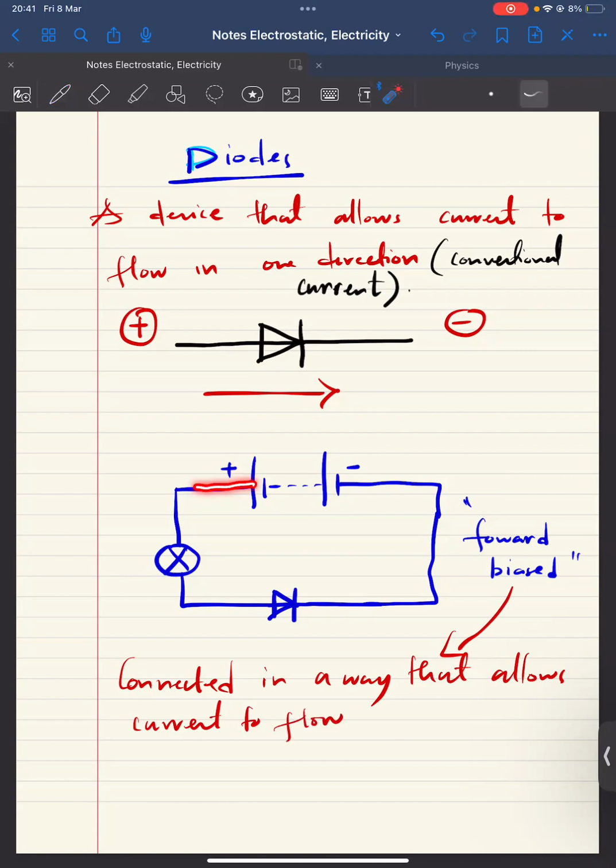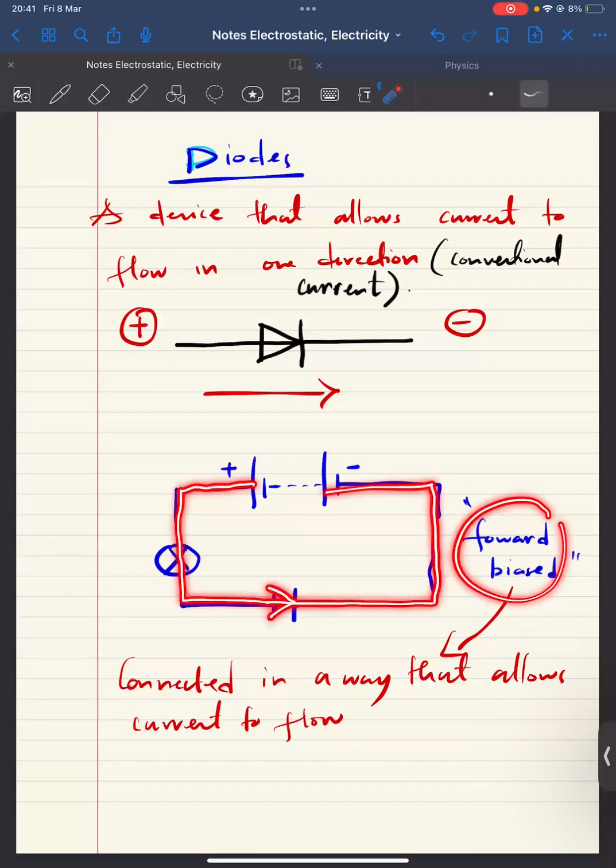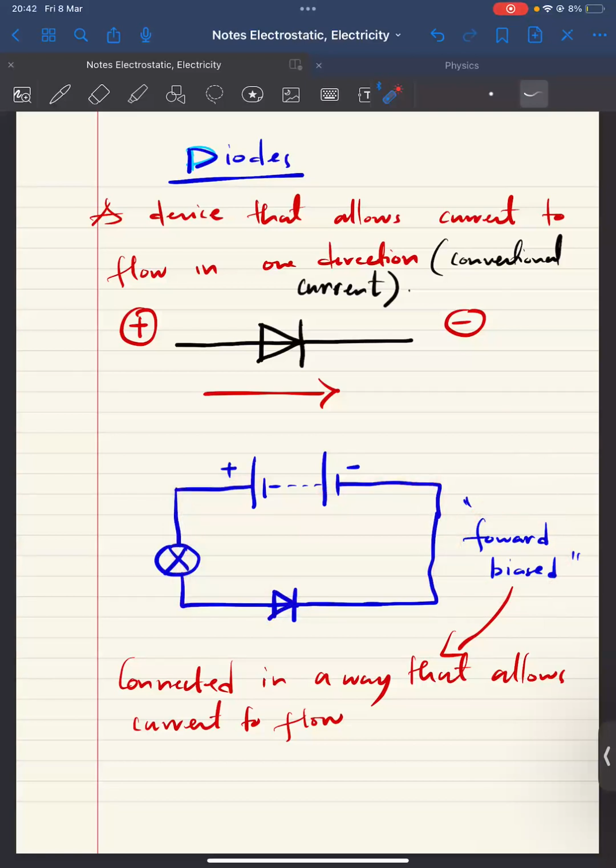Since the diode is facing this direction, the current will be allowed to flow. So we say the diode is forward biased.